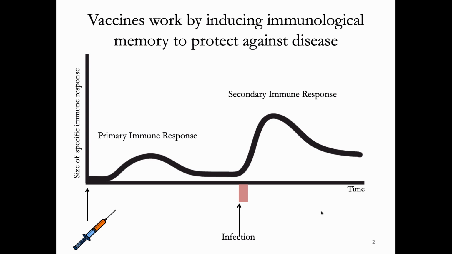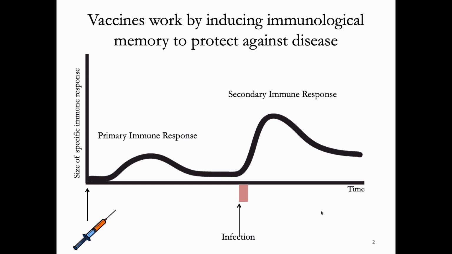The idea with vaccines is largely the same. With a vaccine, we are attempting to give you some type of preparation, which is shown here, to induce a primary immune response, so that if you are ever infected with the real pathogen, you are seeing a secondary immune response instead of a primary response.